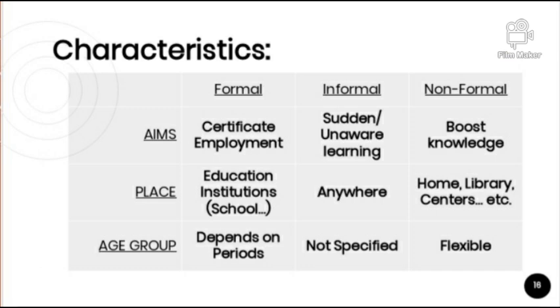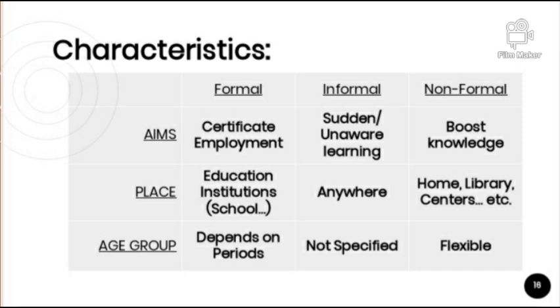So let's focus on the characteristics of every type of education. As we have seen before, we have the three types of education: formal, informal, and non-formal education. We have the aims or objectives, and each one has its own objectives. For example, in formal education, we have certificate and employment. So at the end of any semester or school year, we have a certificate and employment. We have an objective.